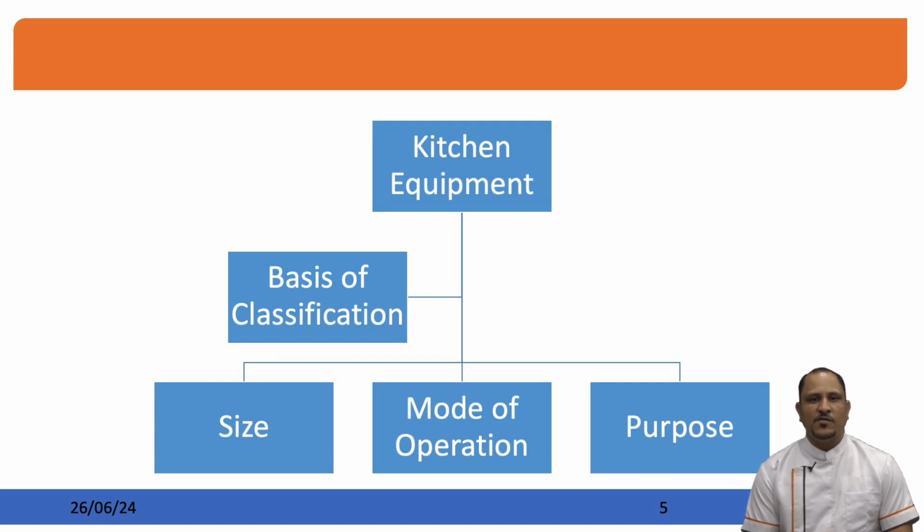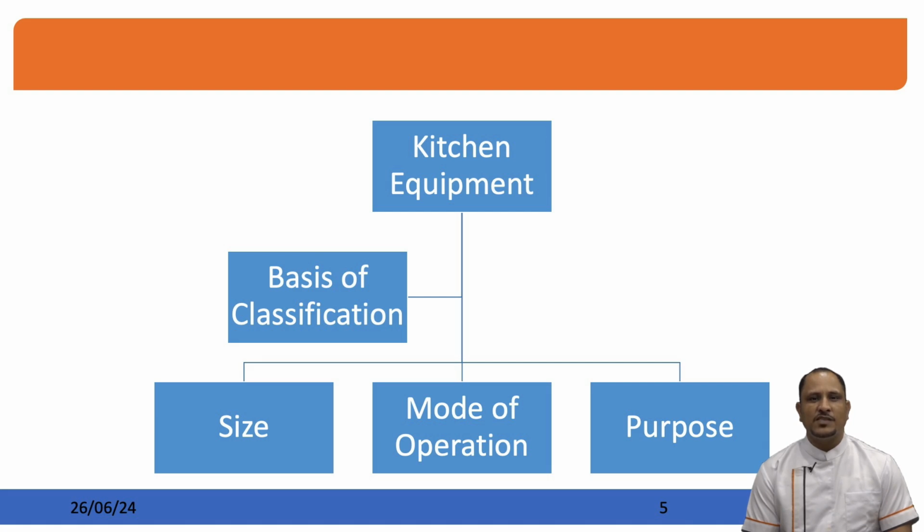Further, to understand various types of kitchen equipment, it is important for one as a beginner chef to understand classification of equipment, how equipment is classified under different categories. So first we need to understand what are the various bases on which one can classify equipment.